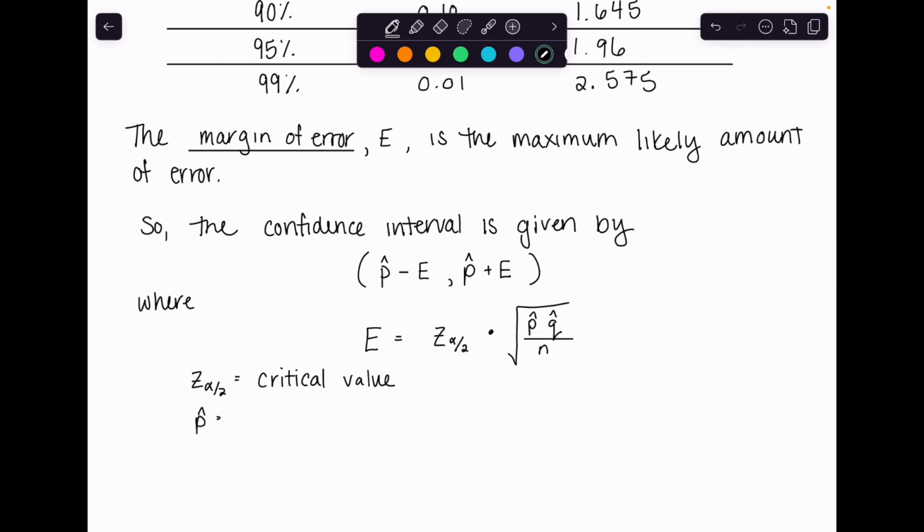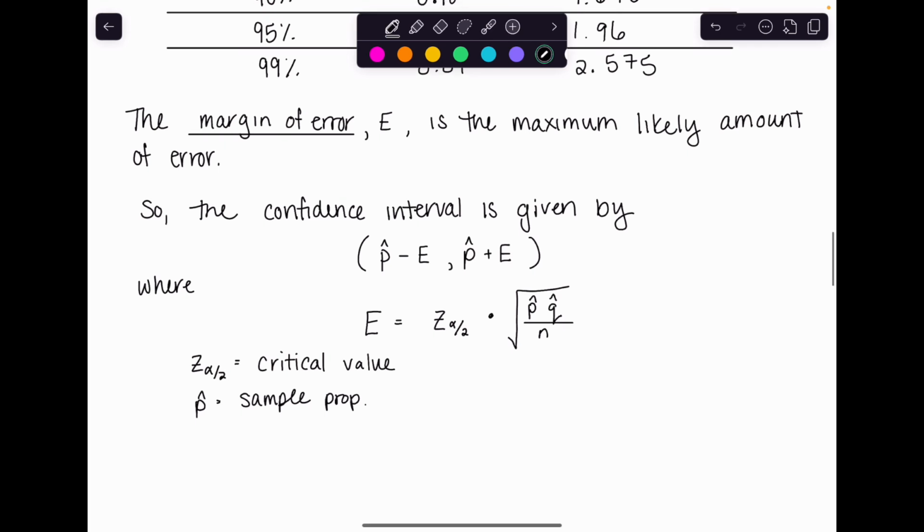P hat is that sample proportion. So it's the number of people out of however many are in the sample that agreed to that question. Remember, Q hat, or Q in general, tends to stand for failures. So either you agree with the question or you don't. So this is going to be everyone else.